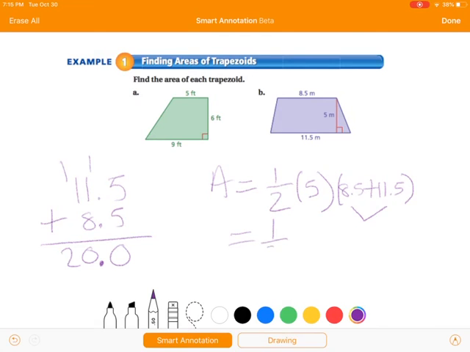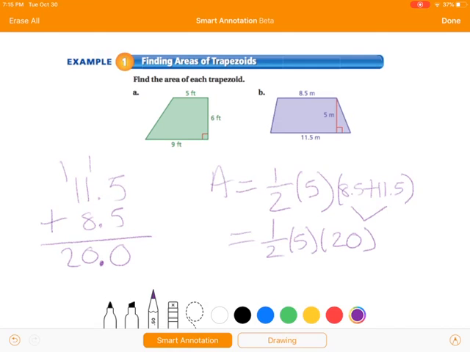So I have 1/2 of my height of 5 times 20. And now I can go ahead and multiply this 5 and 20 because I know when I multiply 5 and 20, I'm going to get an even number. And that's going to be easier to cut in half than an odd number. And so 5 and 20 is really easy to multiply.